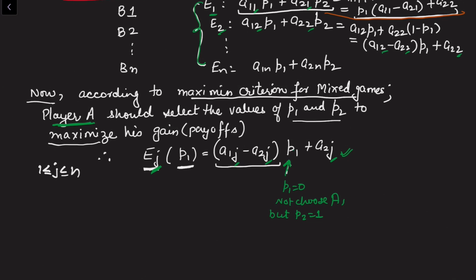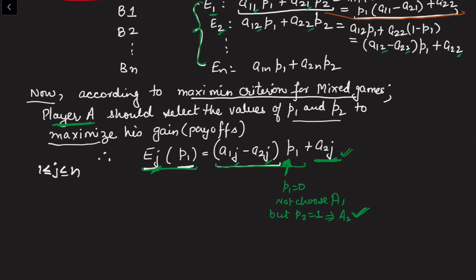P1 plus P2 is 1. This implies A2 is selected. If A2 is selected, what is the expected gain? Whenever P1 is 0, this quantity will become 0, and the expected gain for this case is A2J.